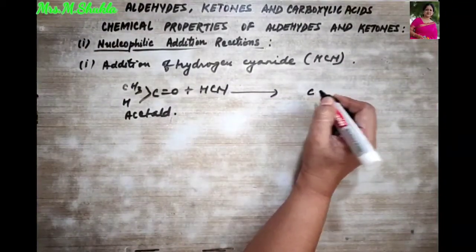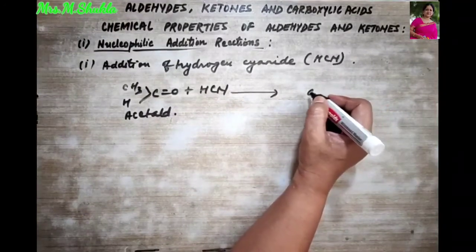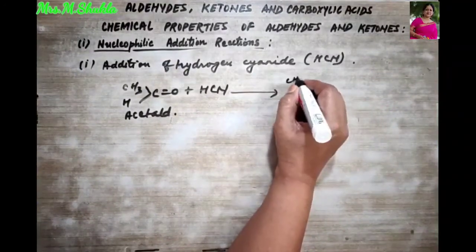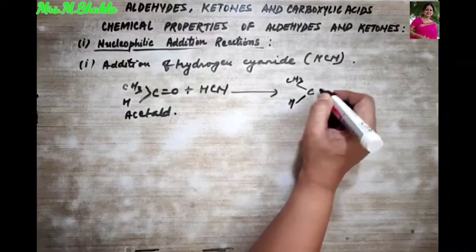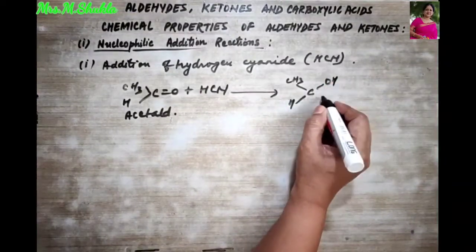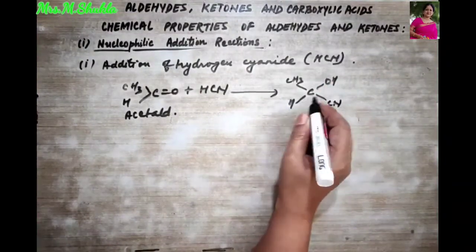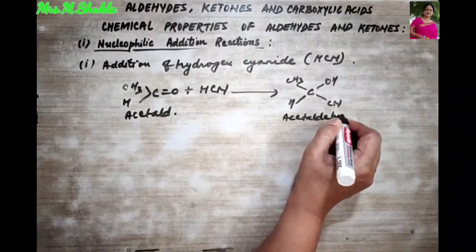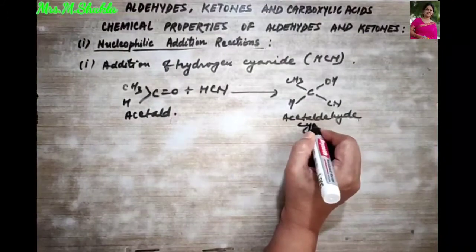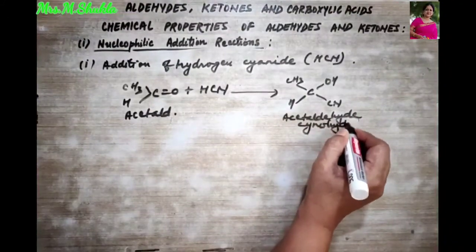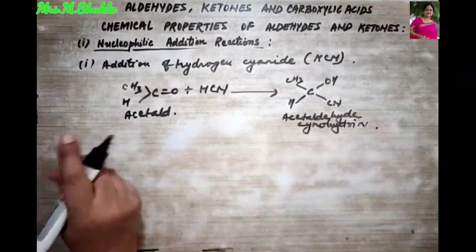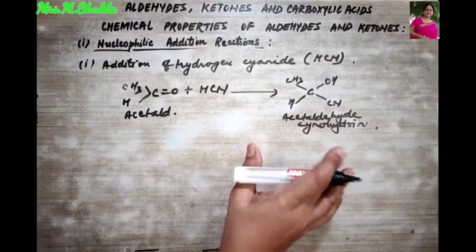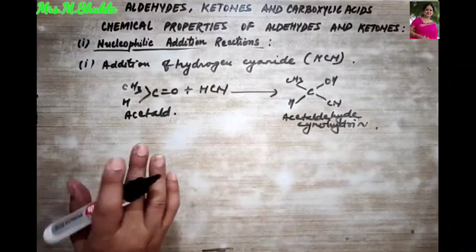So let us look at the formula of cyanohydrin: CH3CH(OH)CN. This is called acetaldehyde cyanohydrin. Clear? Now these cyanohydrins are useful synthetic intermediates.